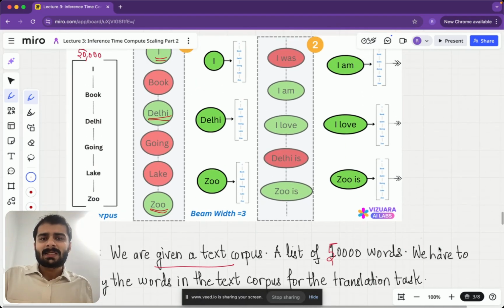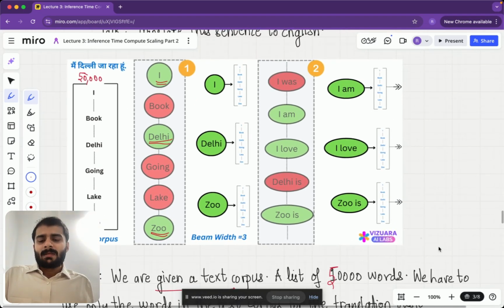Now the interesting thing comes in step number two. In step number two, what we do is we pass these three words again through the entire corpus, and now we find the next three combinations of two words which have the maximum probability.